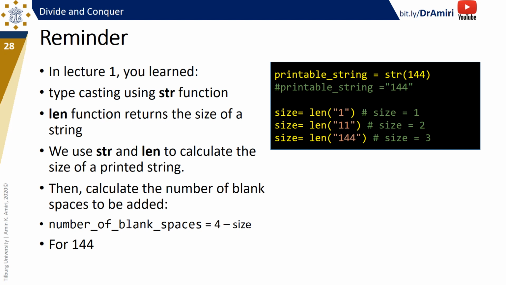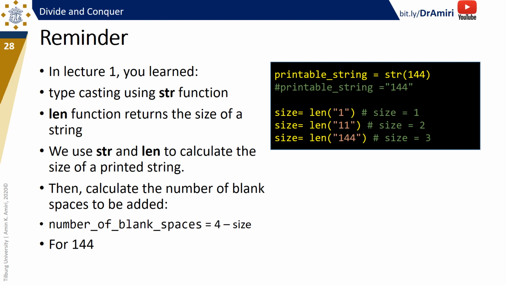The way you can do that is by simply turning the number that is going to be printed as part of the multiplication table into a string, and then using the len function to figure out the number of characters. Then we can calculate the number of blank spaces by simply subtracting the size of the number from 4.